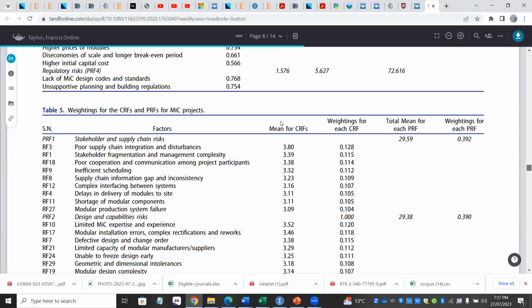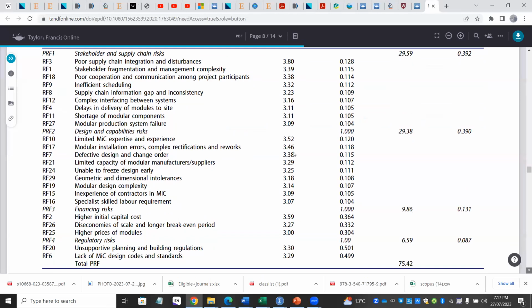So the total of all the means here, you get 29.59. The total of all the means in group 2, when you add them, you get 29.38. The total of means in group 3, you get 9.86. The total of means in group 4, you get 6.59.